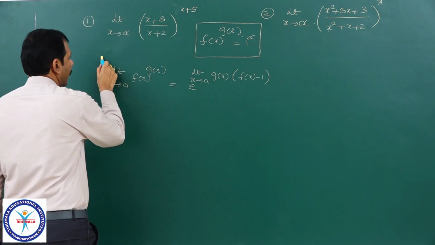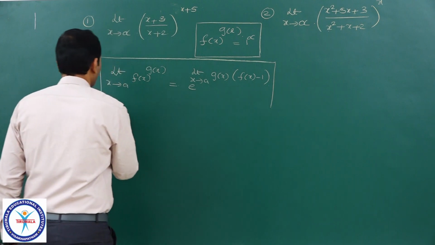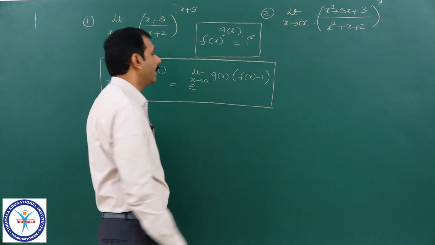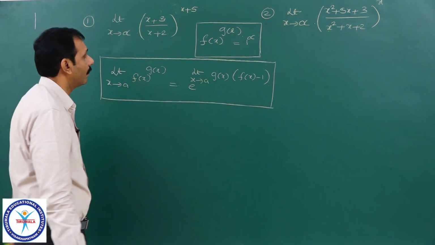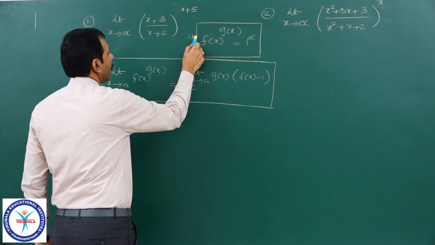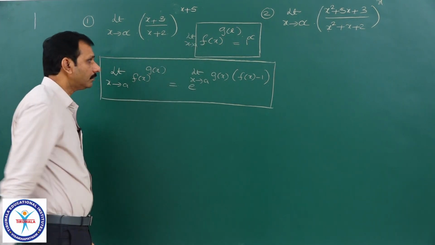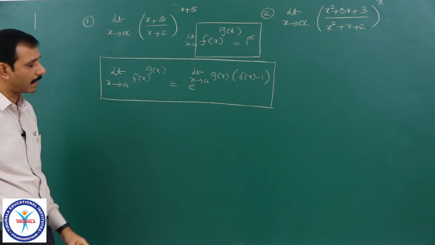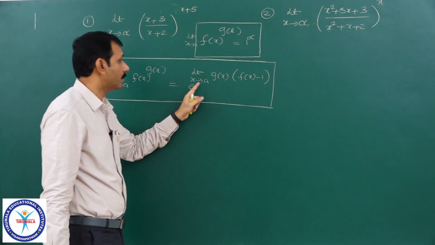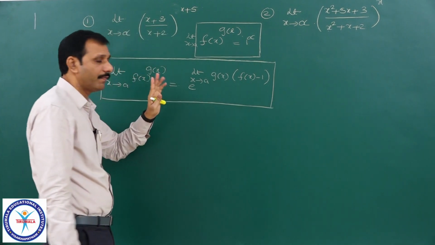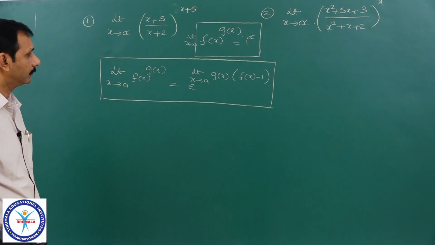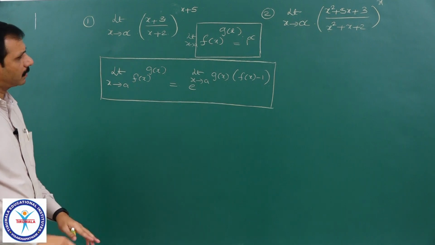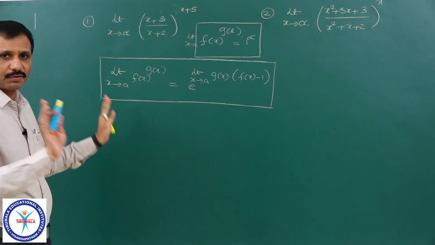See here, it is another indeterminate form, f of x whole power g of x, and if it takes the form 1 power infinity as x tends to a, then limit x tends to a f of x whole power g of x can be written as e power limit x tends to a g of x into f of x minus 1. If you remember this, almost all problems of this model you can complete.